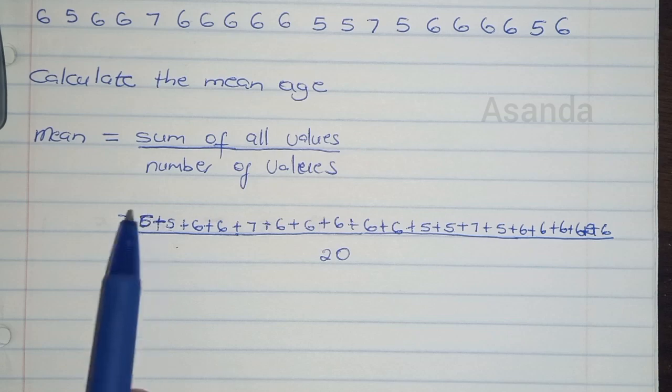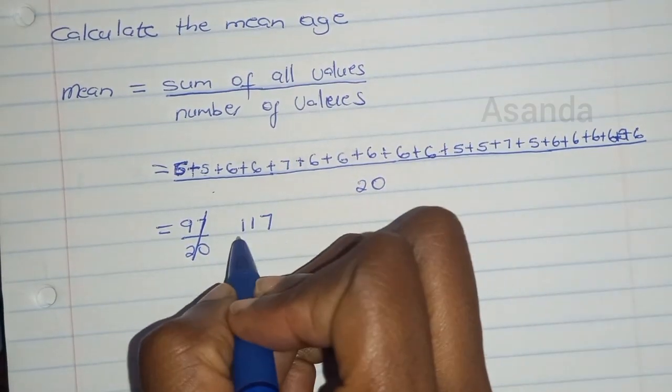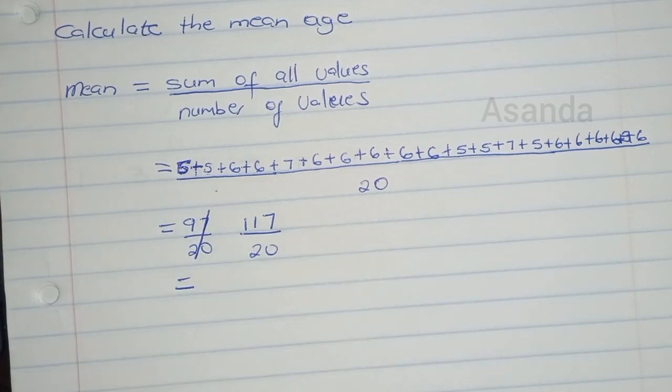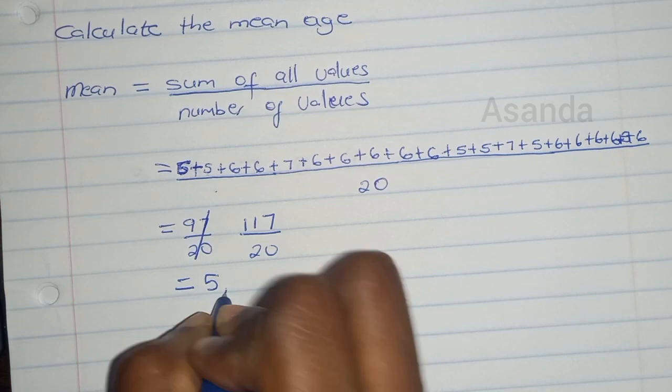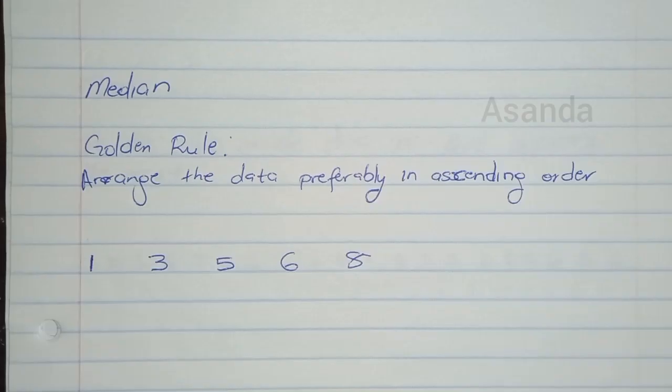So we add all of those, and that is 117 divided by 20, and that will give us 5.85 as the average.